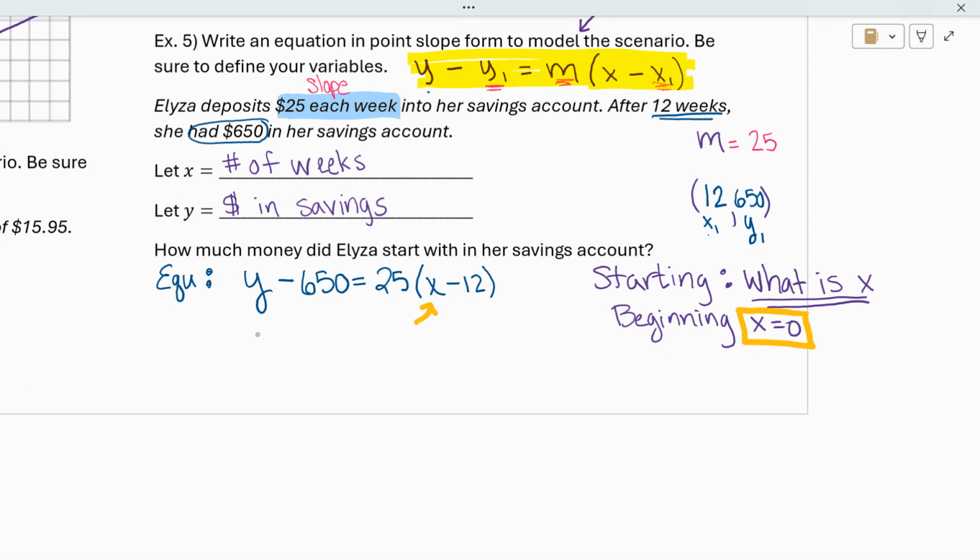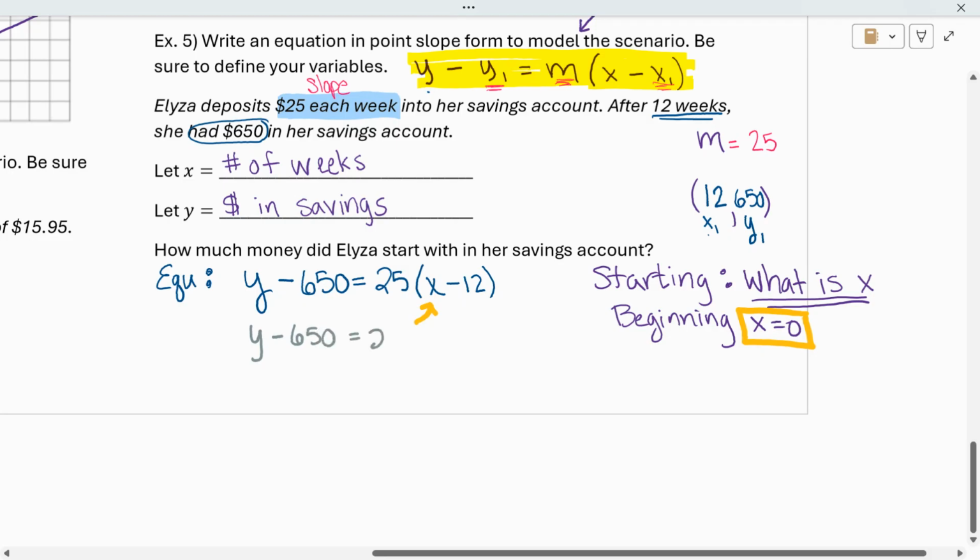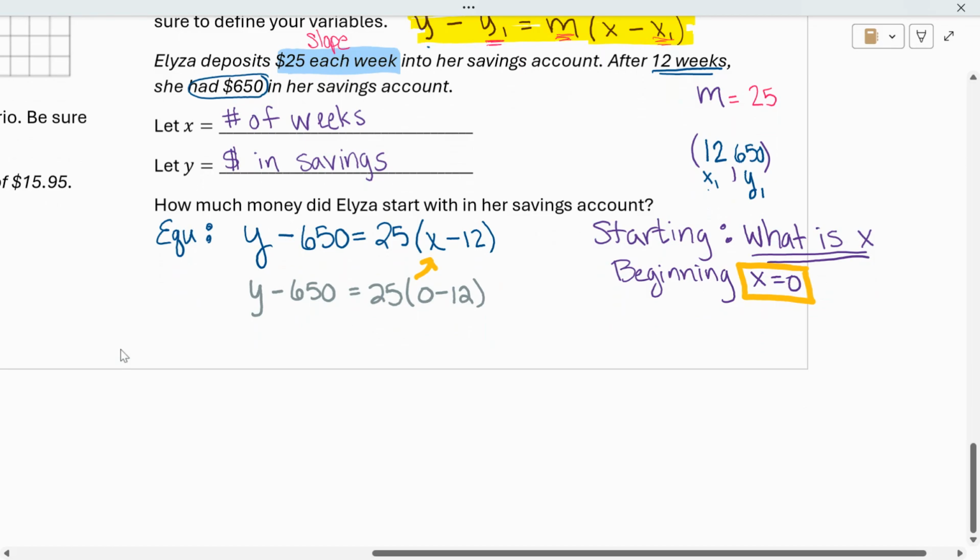Okay, so let's do that. I have y minus 650 equals 25 times 0 minus 12. Well, what is 0 minus 12? No, it is not. It is negative 12.